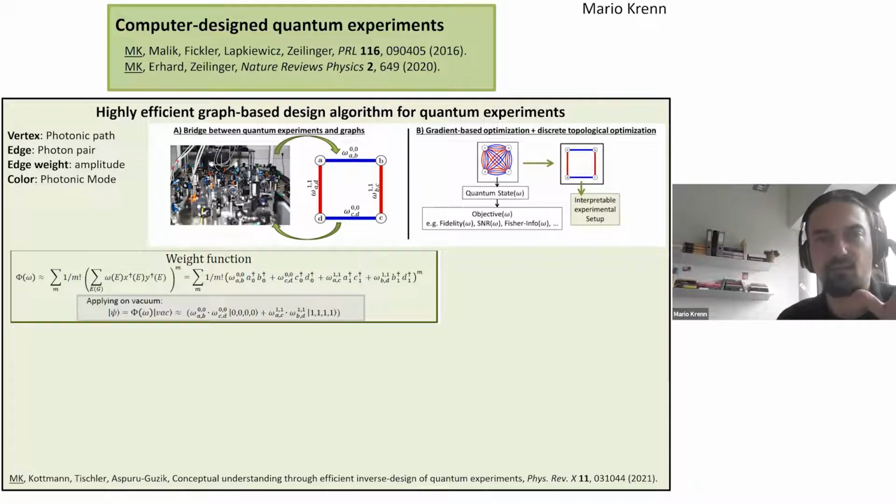And with this, you can basically describe every experiment, and you can translate this graph also back to every experiment. And the cool thing is that we can compute basically arbitrary objective functions directly as functions of the weights of the graph.